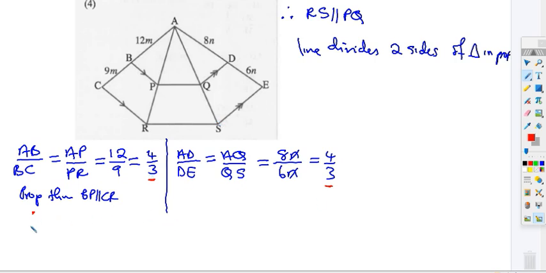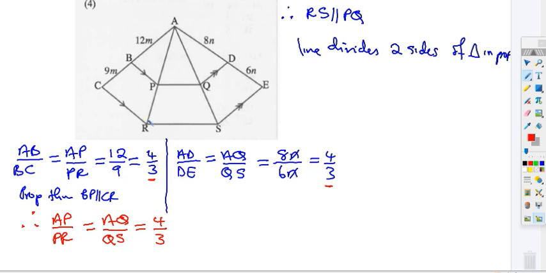So our conclusion here, therefore, AP over PR is equal to AQ over QS, and that is equal to 4 over 3. We got it from the left and from the right.